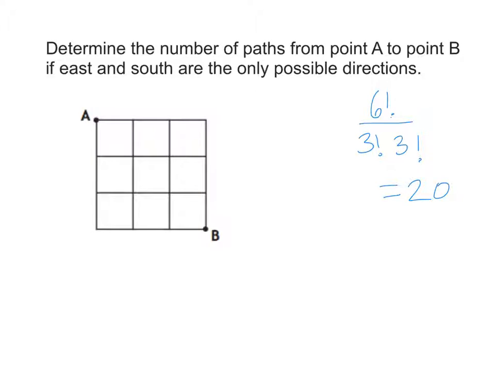If we start at A, and we just look at going to this point here, how many ways could you get from A to that red dot? Only one, right? So I'm going to put a 1 there. How many ways could you get from A to this red dot?